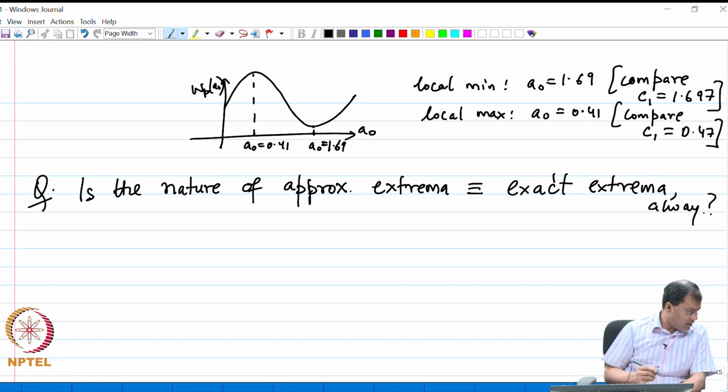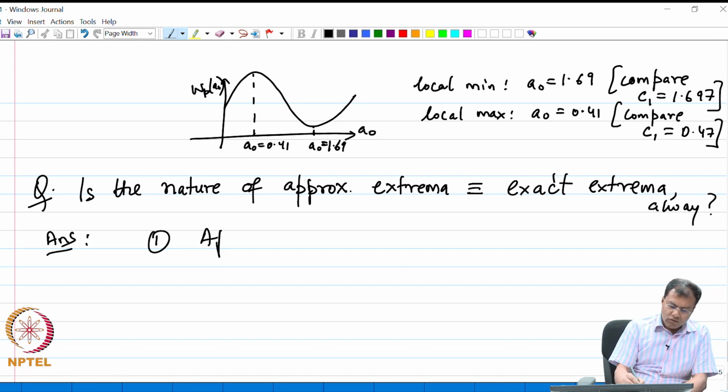The answer to this is, it depends on how good the approximation is.